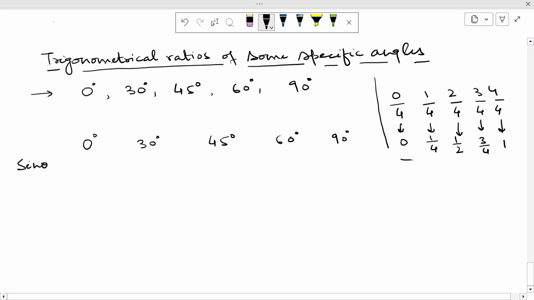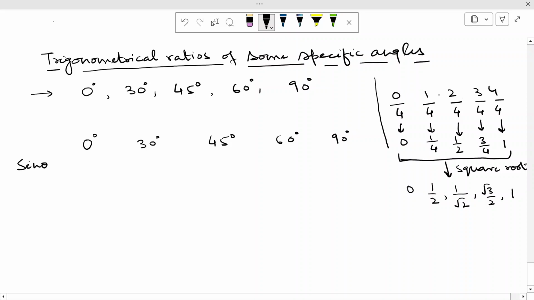Now, we take the square root of all of these numbers.